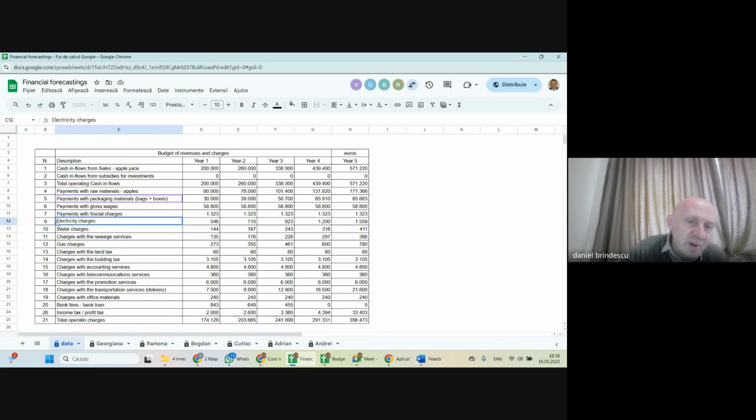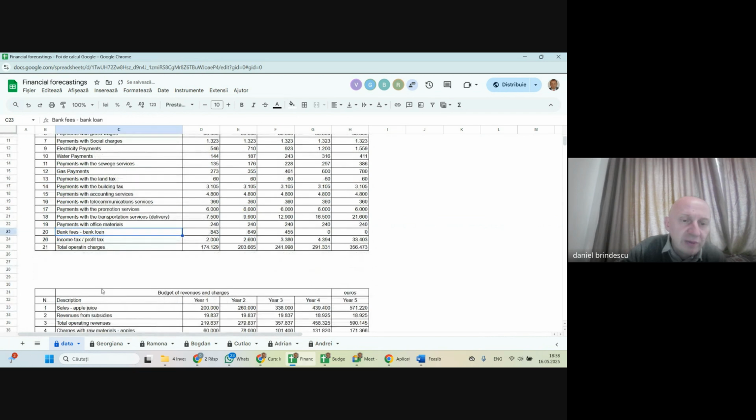There are, however, payments with the electricity, water, sewage, gas, taxes, accounting services, telecommunications, promotion services, transportation services, office materials, and bank fees.